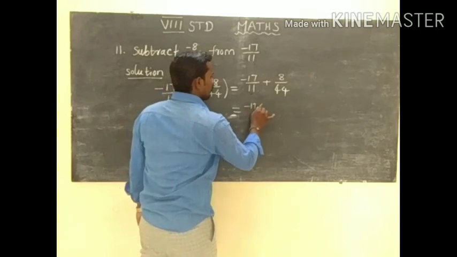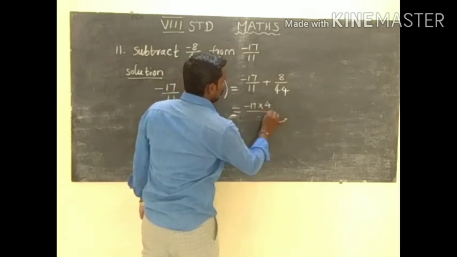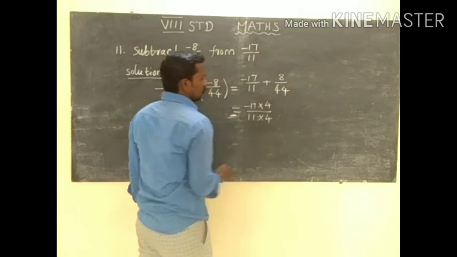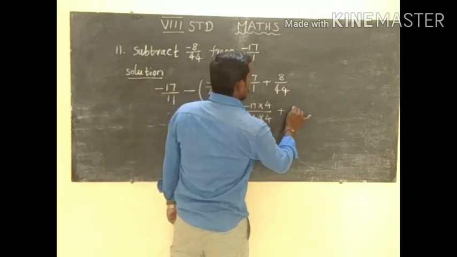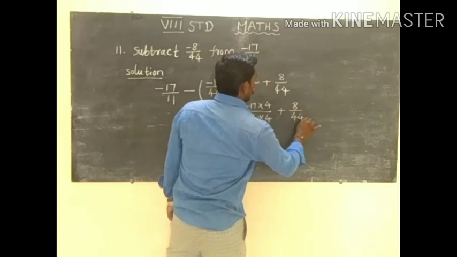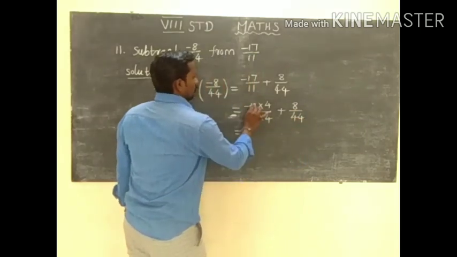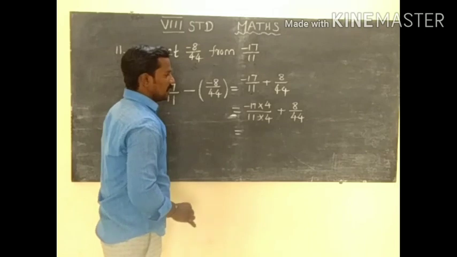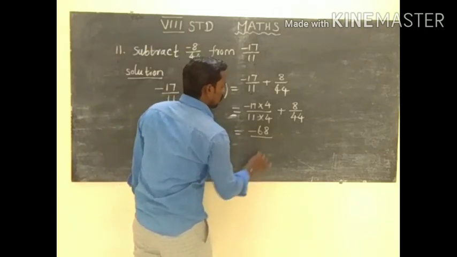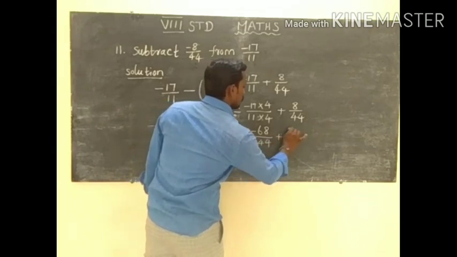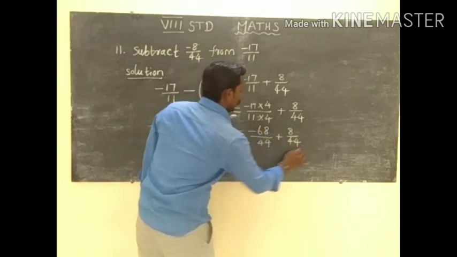So minus 17 into 4 divided by 11 into 4, using the equivalent fraction method, plus 8 by 44. 17 fours are 68, minus 68 divided by 11 fours are 44, plus 8 by 44.